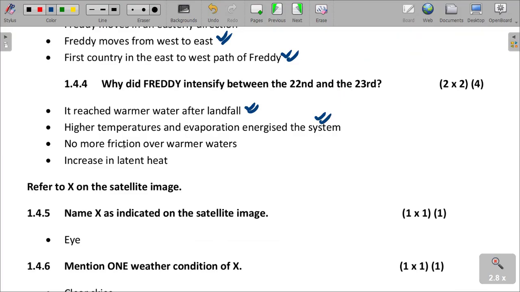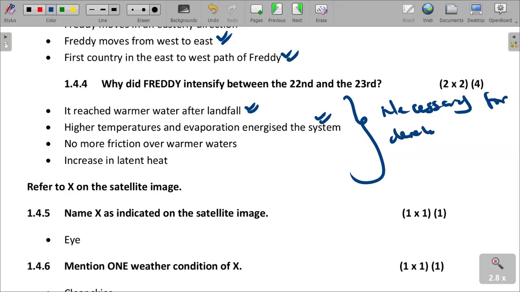Here, what you need to understand is that the conditions necessary for development of tropical cyclones are present.